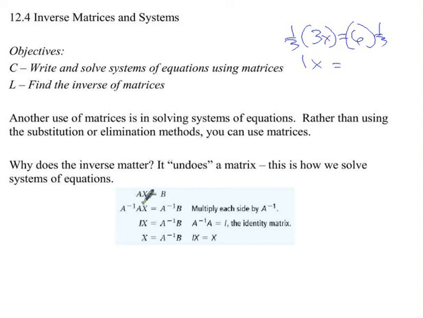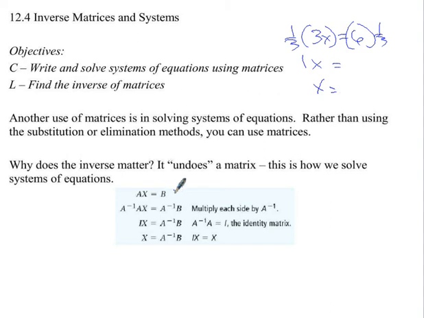So if I multiply the matrix A here by its inverse, multiplying a matrix times its inverse gives me the identity matrix. And then the identity matrix times this matrix right here gives me just this matrix right here. Kind of like in this equation right here, how we turn that just into X equals.